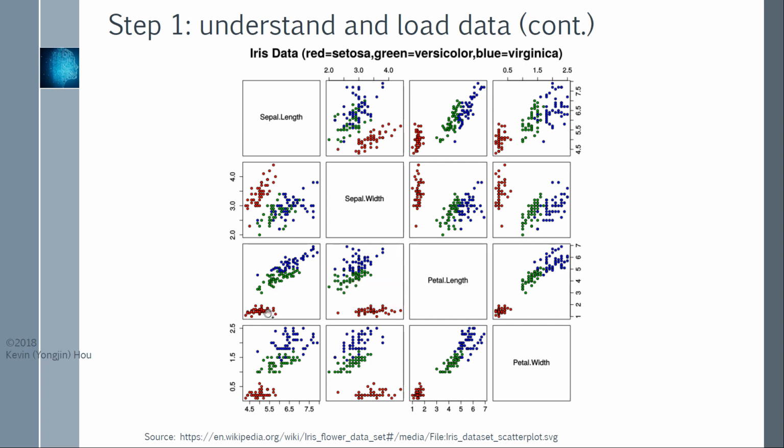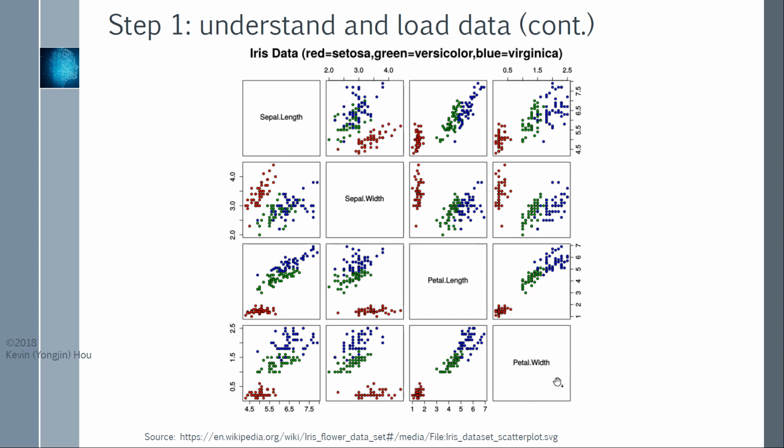When we go further down, this plot still has sepal length as the x variable, but now the y variable becomes petal length. Go down again, we still have sepal length as the x variable. Now the y variable becomes petal width. That is how it works. Similarly, you can think the same way for each column on the page.